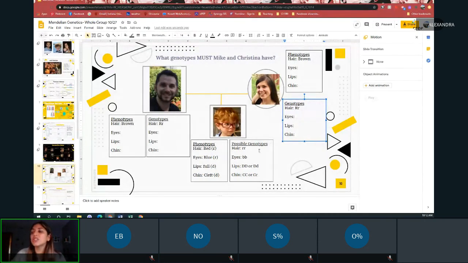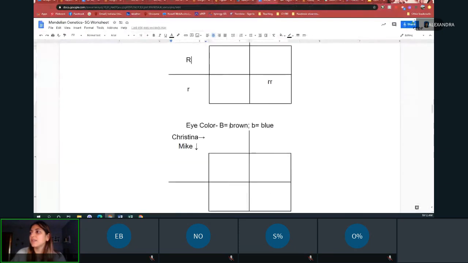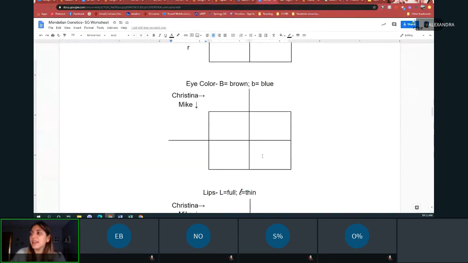And so now we're starting to work backwards, right? And we're starting to work in a way that is going to give us opportunity to understand how we can use these pedigrees. So let's go ahead and do blue eyes, right? And so if we go back to our worksheet, we've got blue eyes. So again, I always put it in this little box because whenever it's recessive, that usually means that's where it's going to be.